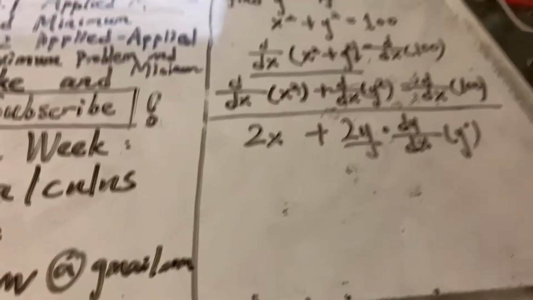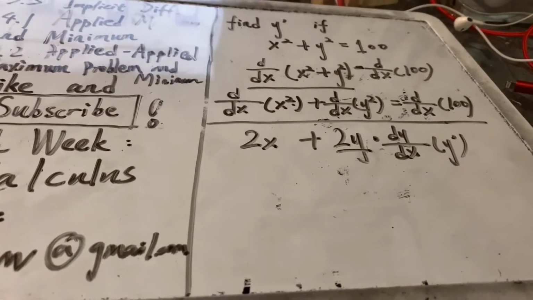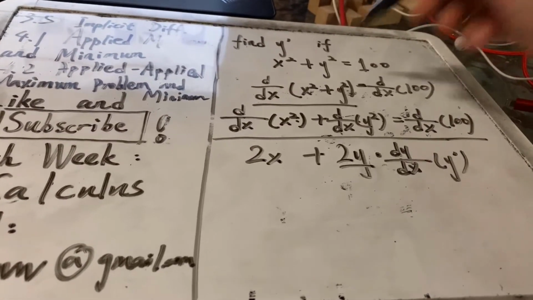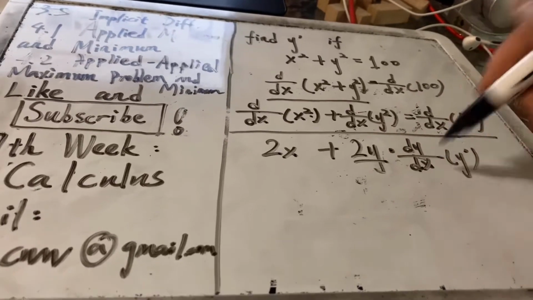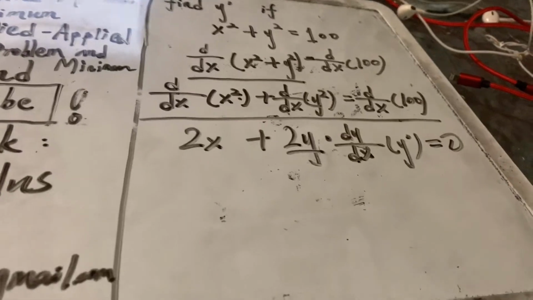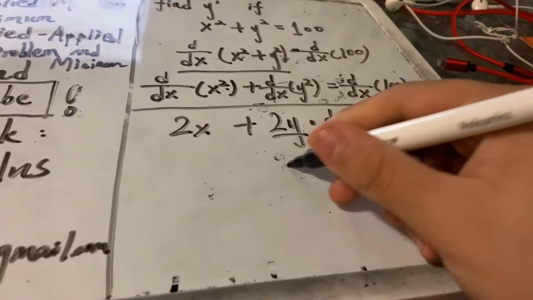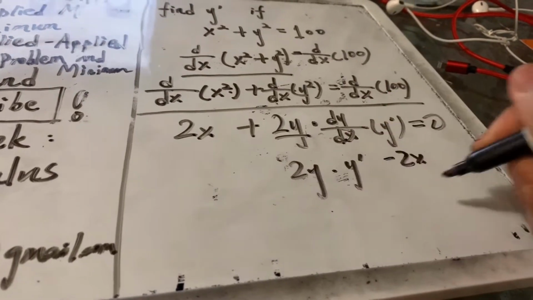Okay? You have to add that. And what you do next is solve this, and the derivative of the constant is 0. So negative 2x equals 2y times y prime.